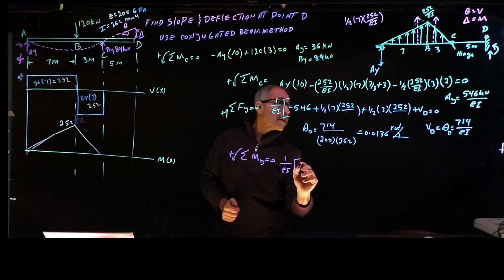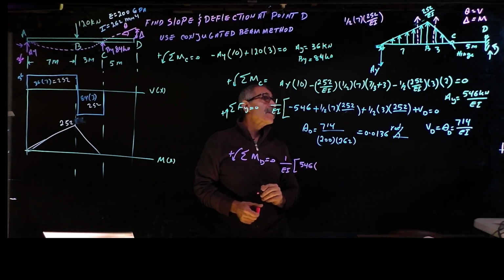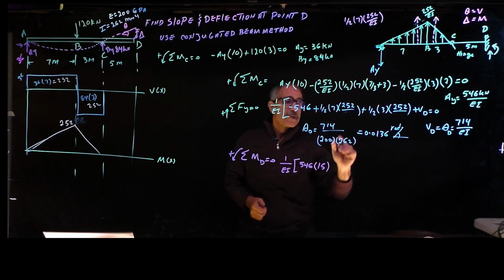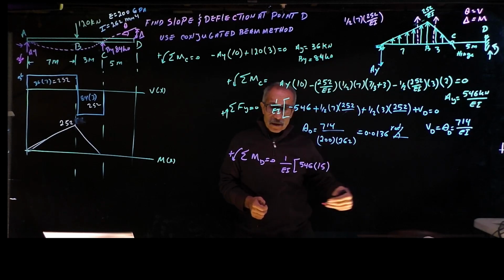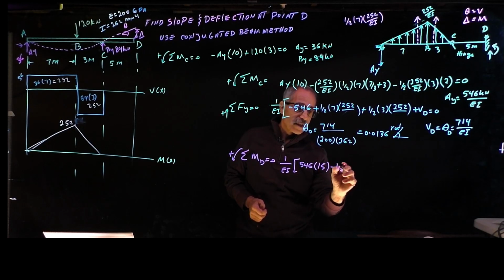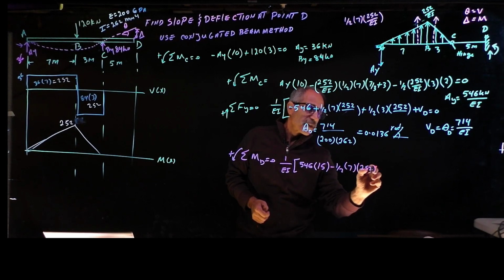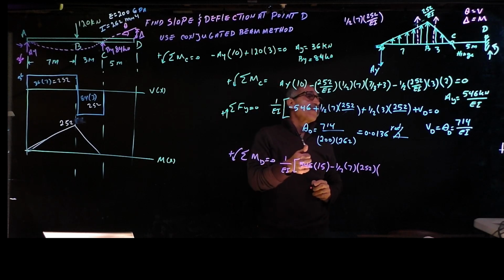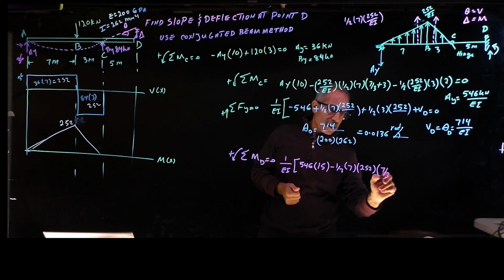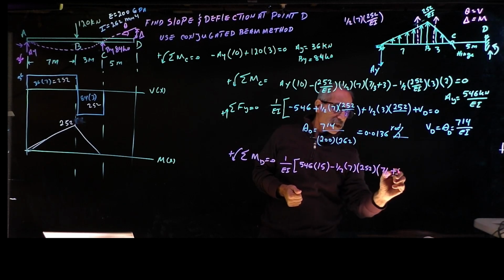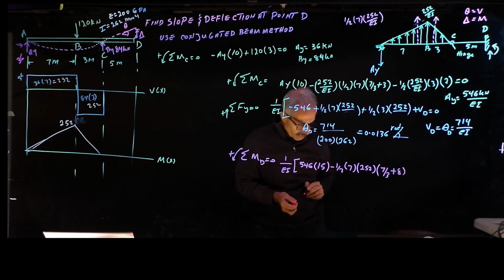So 546 times 7 and 3 is 10, 10 it is 15. And then we have this one, which is going to be minus 1/2 times 7 times 252. And that distance is going to be 7/3 from here to here, and then you have the 8, plus 8.